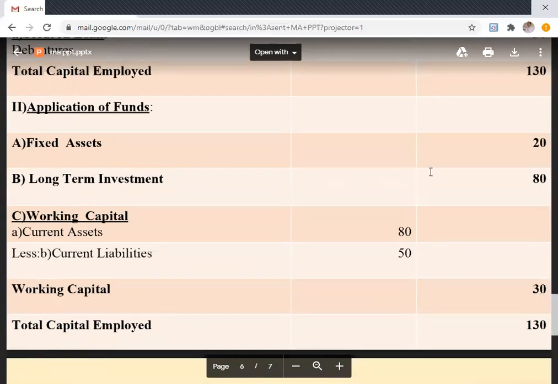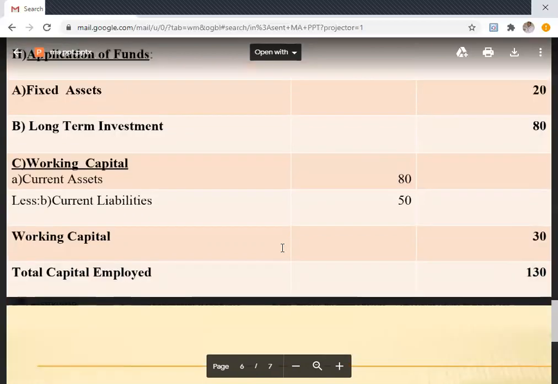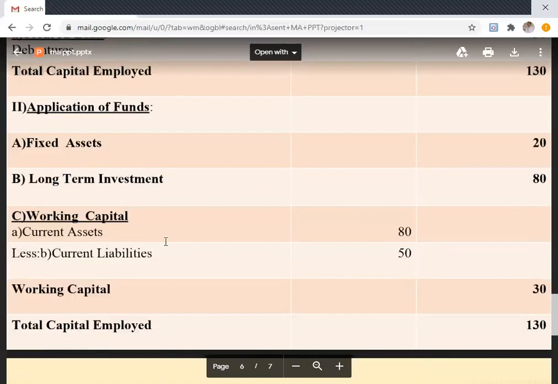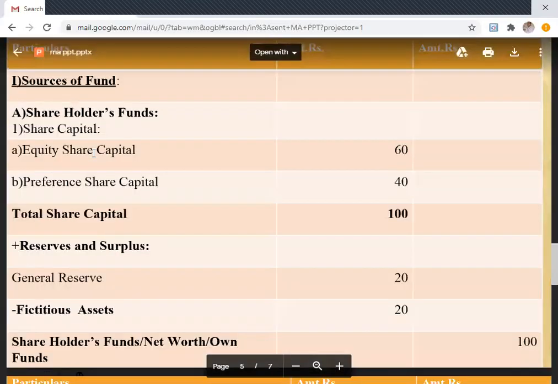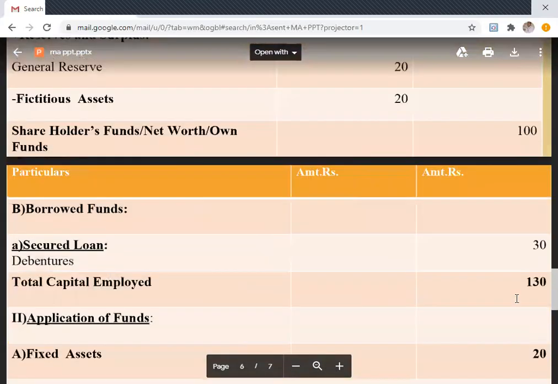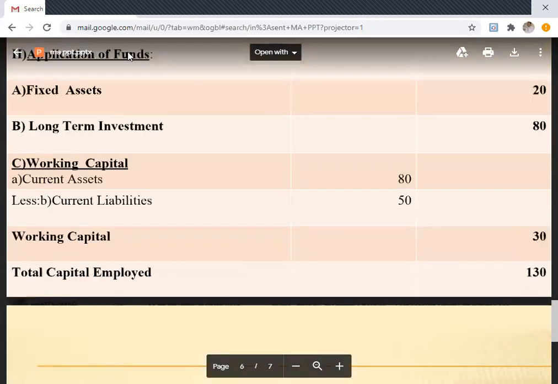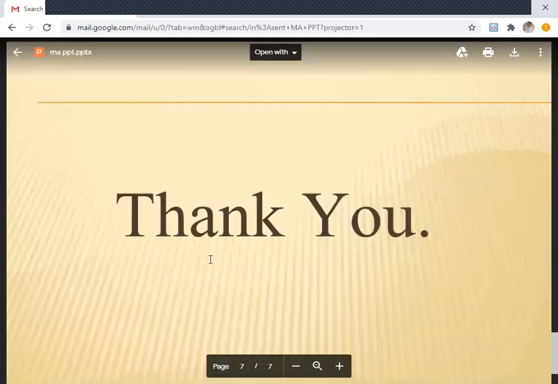Now I have to total application of funds: fixed assets 20 plus long-term investment 80 plus working capital 30, so I get a total of 130 as my total capital employed. Students, always remember here in the vertical balance sheet, your sources of funds total, that is total capital employed 130, is always equal to application of funds total, that is total funds utilized or total capital employed, 130. Thank you all.